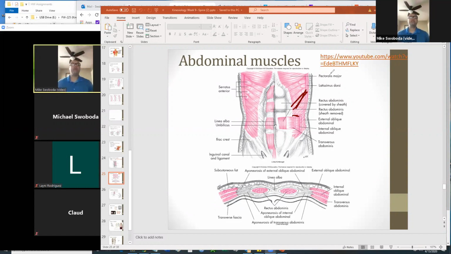So obliques mean side. The movement they do, so rectus abdominis is going to be flexion. Your obliques are going to be rotation and lateral flexion.